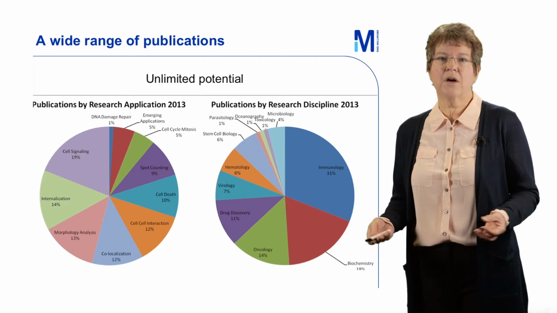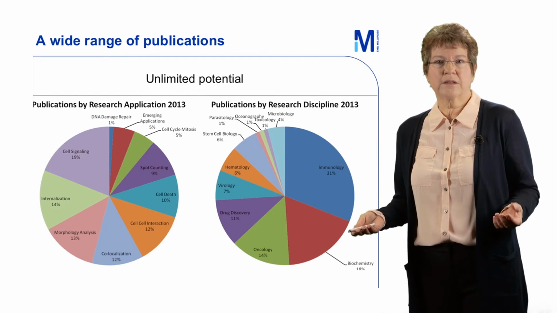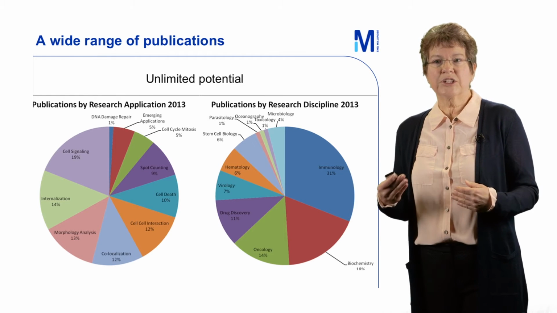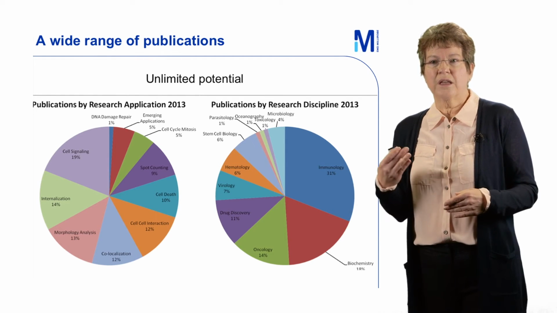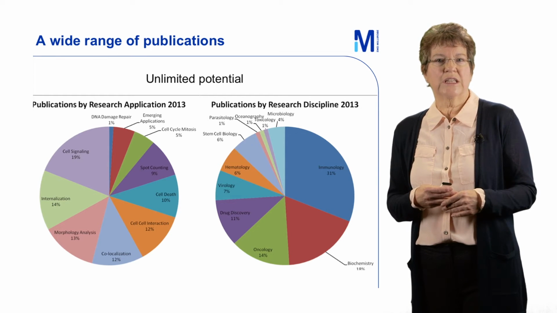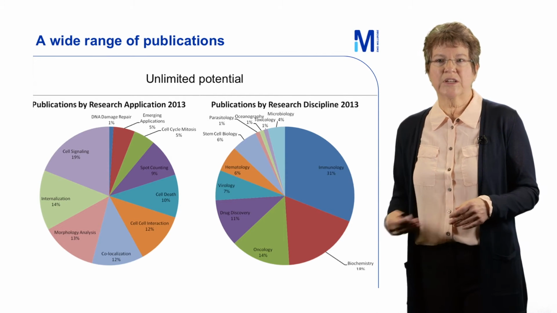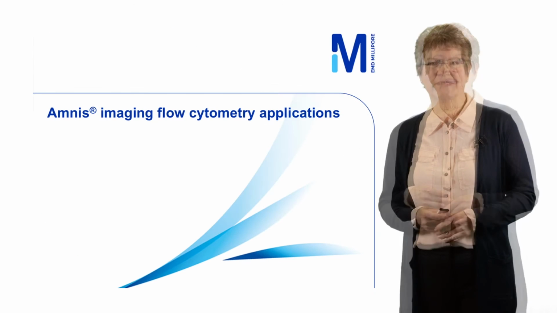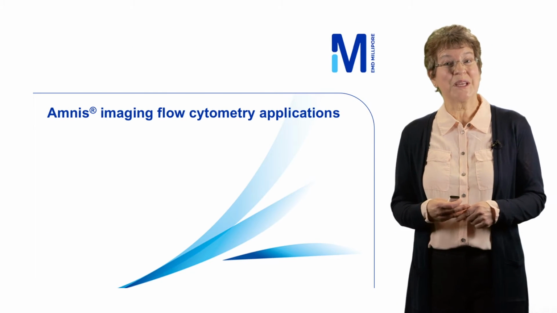And you can do that on thousands of cells in a population basis. Oncology, drug discovery, hematology, virology, there's many, many applications here, and we're still discovering places where the instrument is being used. So let's talk about some applications.